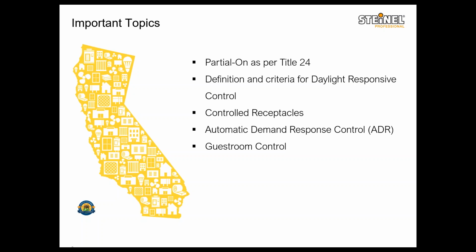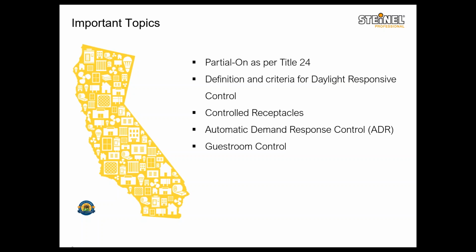And Title 24 talks more about guest room control compared to other codes that really don't seem to care that much about guest rooms. I don't know the reason. They have it as an optional thing, but it's not really in depth and in detail.